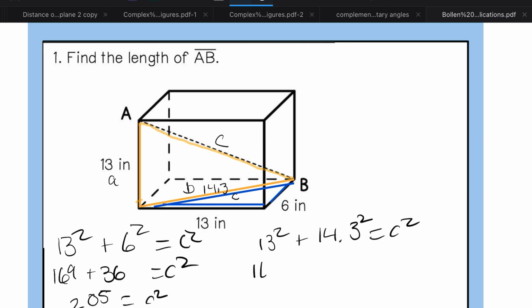Your 13 squared is equal to 169 again. 14.3 squared is equal to 204.49.